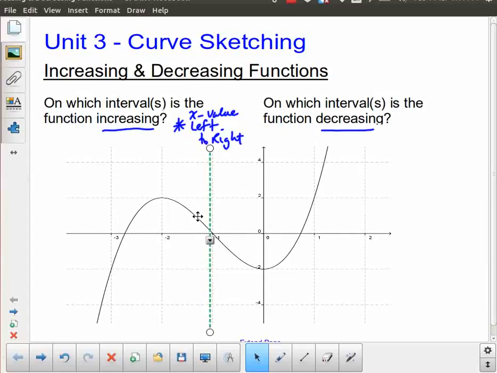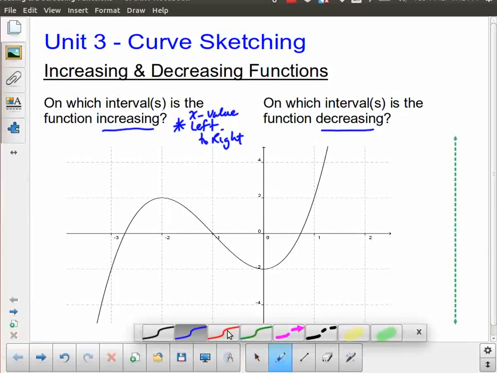That point of intersection is moving down. And it continues to move down until I get to this point, which is a local minimum. Then we continue our scan from left to right, and you can see that it starts to go up again.